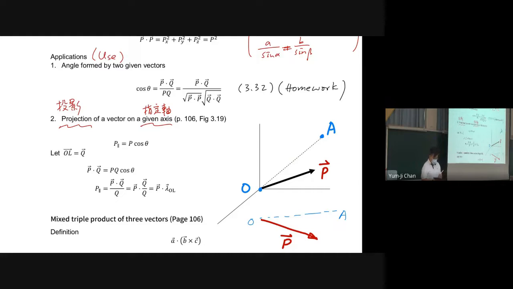We want to determine one thing: this length, which is the component of P along OA. We call it P parallel. Of course, in this graph, it is this way.